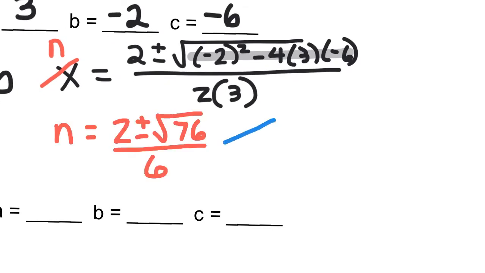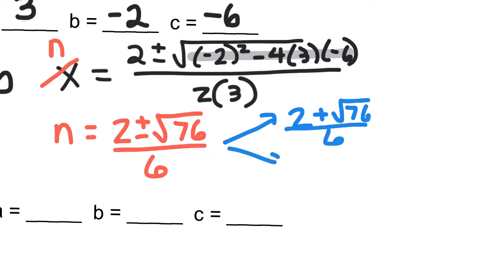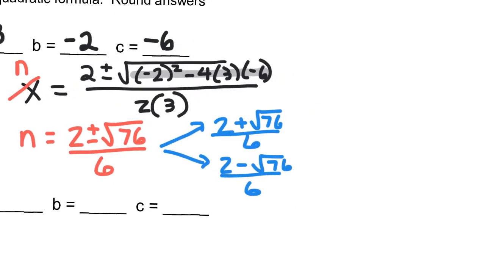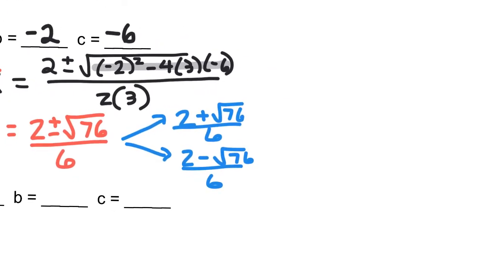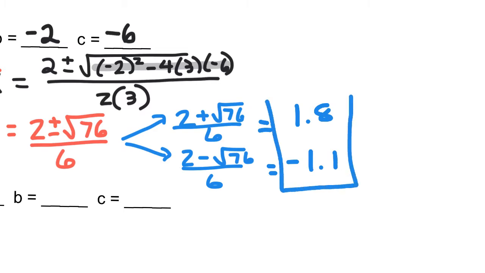Now we found that under the radical is 76, so we'll have 2 plus the square root of 76 over 6, and 2 minus the square root of 76 over 6. That will give us our two solutions. So one solution is 1.8 and the other solution is negative 1.1. Those are our two solutions.